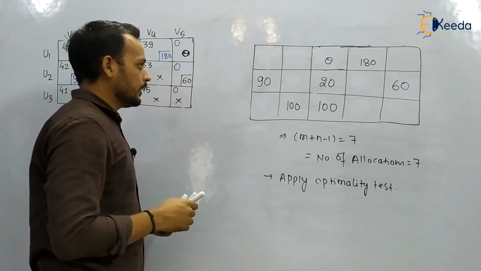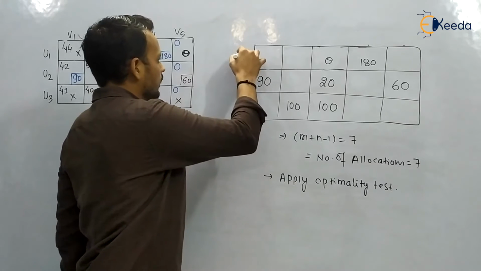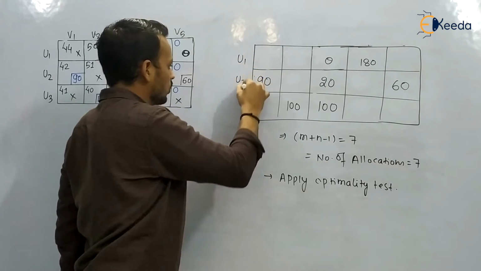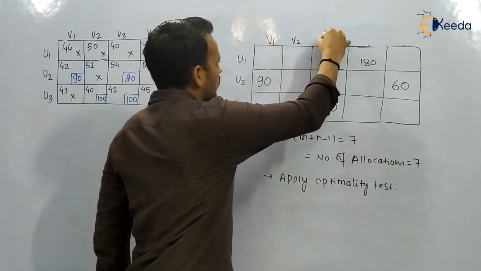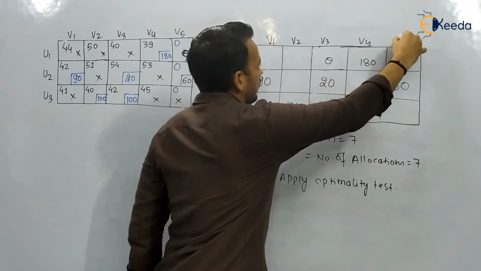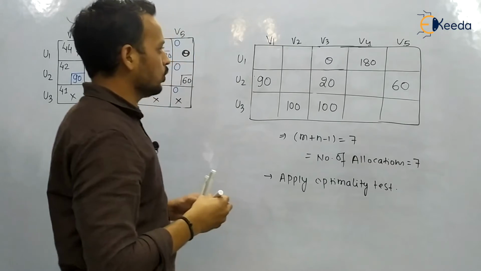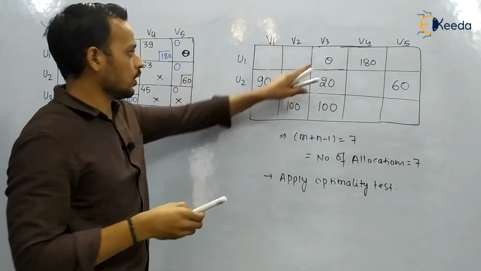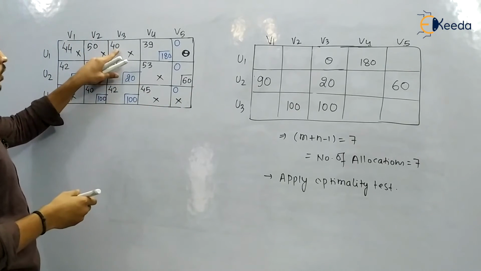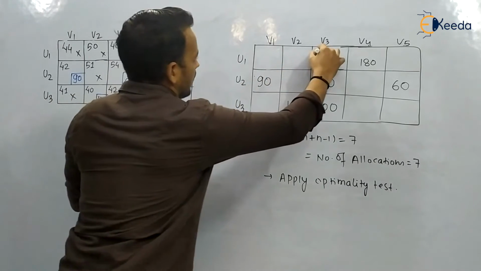How to apply the optimality test? We are going to write the U1, U2, U3, V1, V2, V3, V4 and V5, and we are going to write the cost of the allocated cost cell. Here the cost was 40, so we will write here 40.